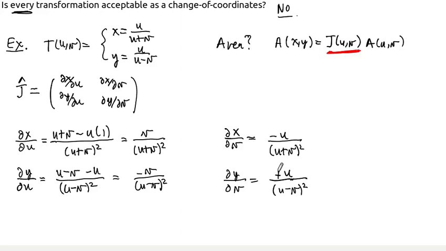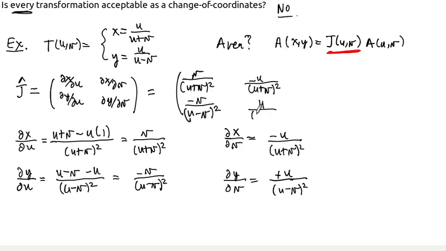So this matrix is given by: v over (u plus v) squared, negative v over (u minus v) squared. Then the next column is negative u over (u plus v) squared, and positive u over (u minus v) squared on the bottom.